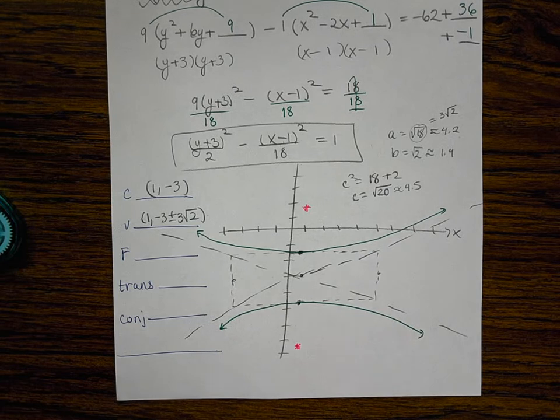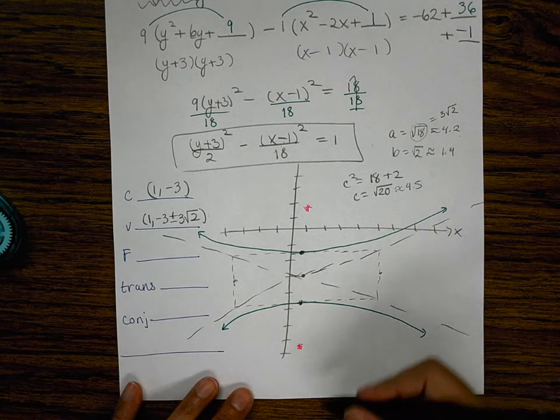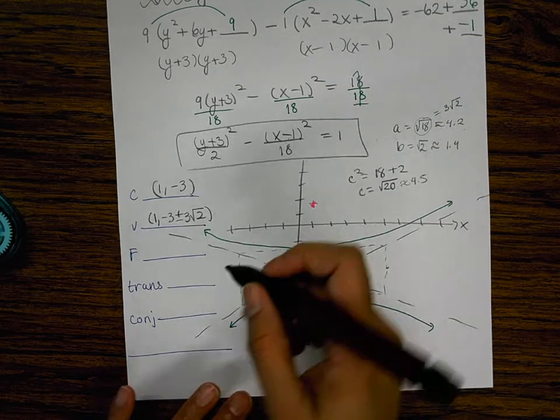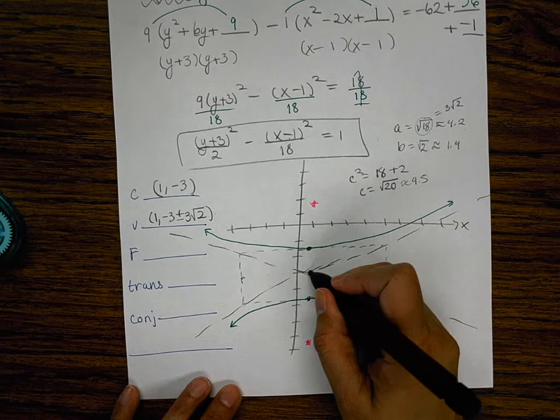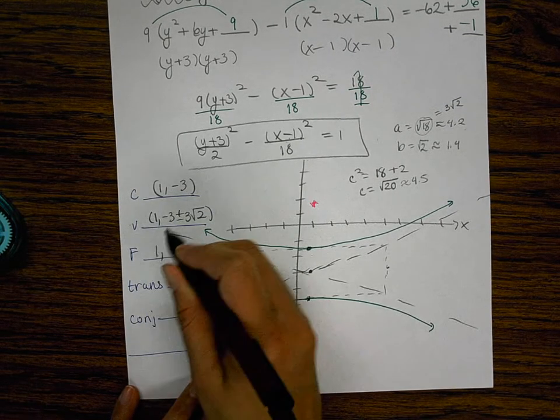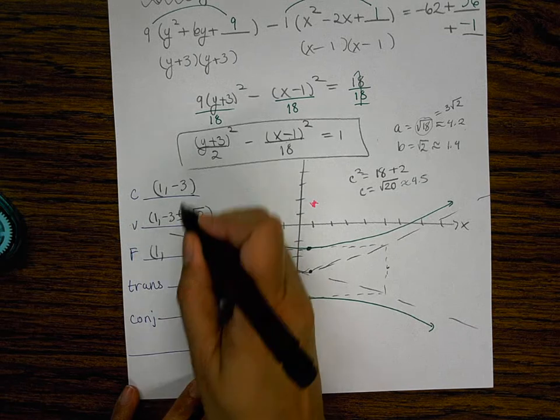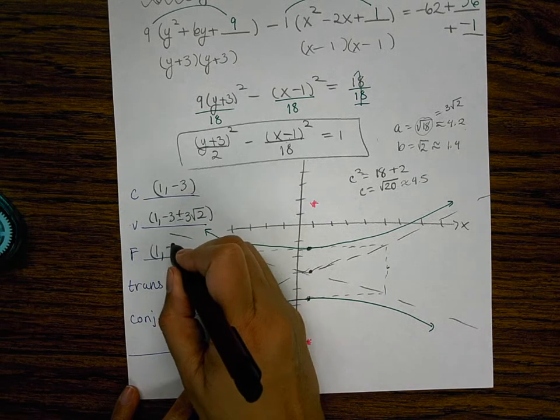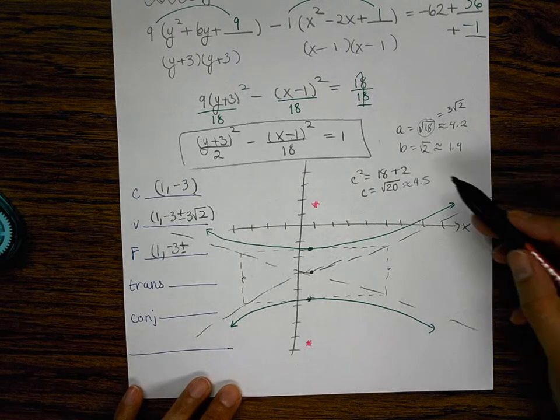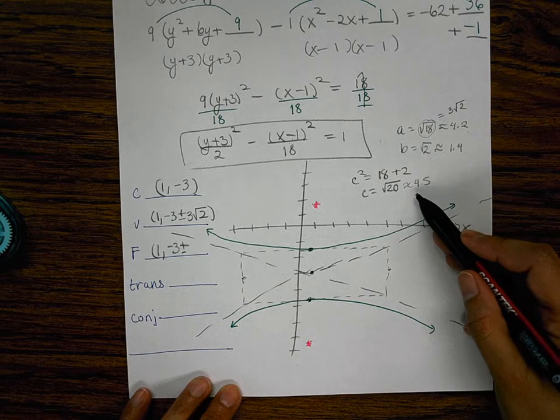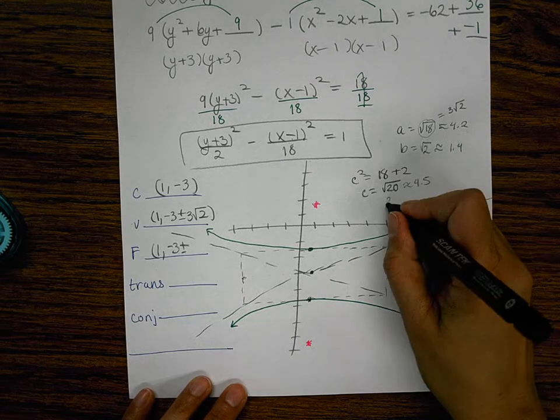And so, once again, when you're going up and down, what's changing is the Y value from the center. Everything's from the center. So my 1 is going to stay 1. My Y value of -3 is going to be plus or minus, how far up and down did I go? Root 20, which is 2 root 5.